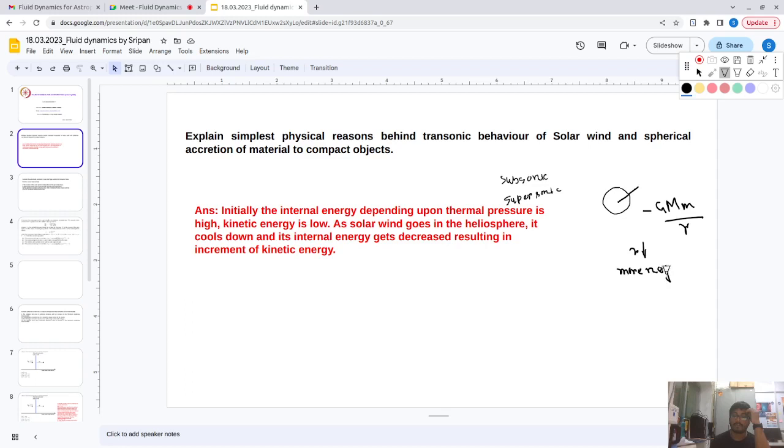So if it is getting more negative, due to the energy conservation, that means the other term is getting lesser, so your kinetic energy will increase, right? So again it starts from a subsonic regime and moves on to the supersonic regime due to the conservation of energy, as the gravitational energy is getting more negative as the materials are coming towards the compact object.